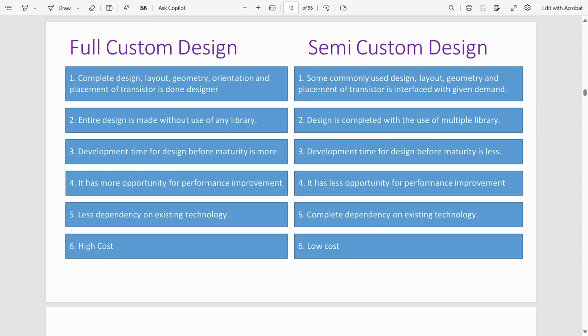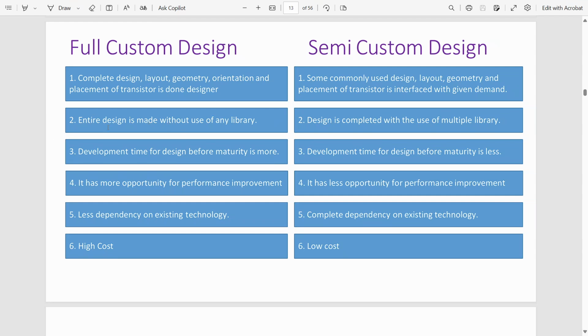So a full custom design starts from scratch, while in a semi-custom design the standard cells, like flip-flops, gates, and counters, are already tested, and with some design rules and the technology, they take them and implement them in their design. Okay.